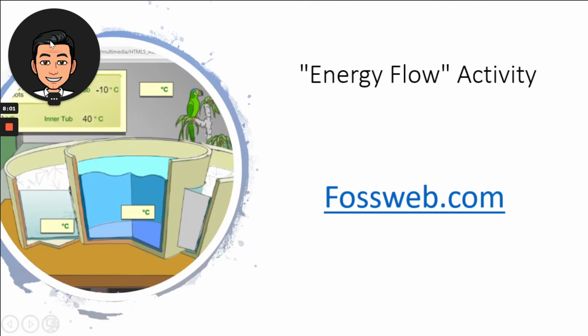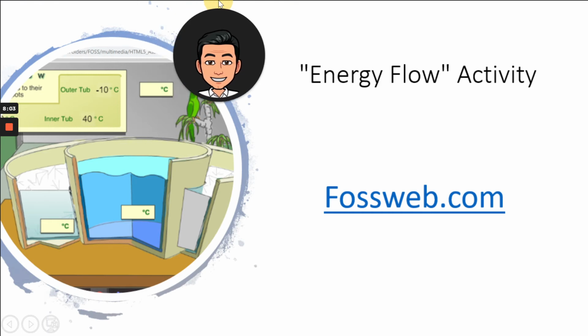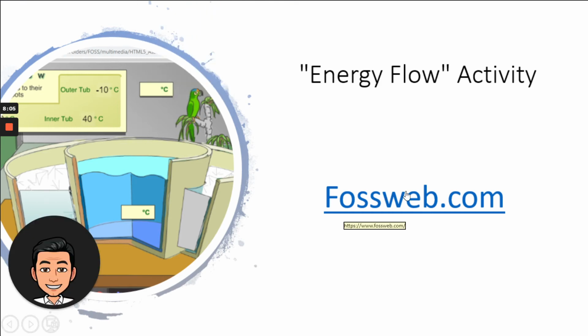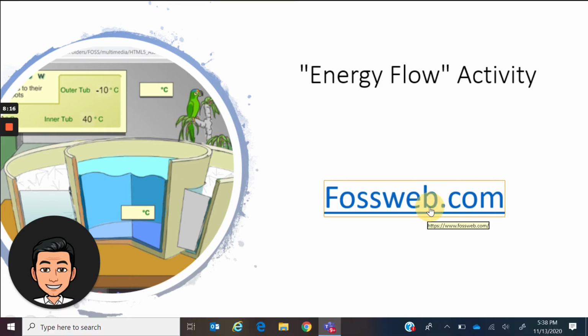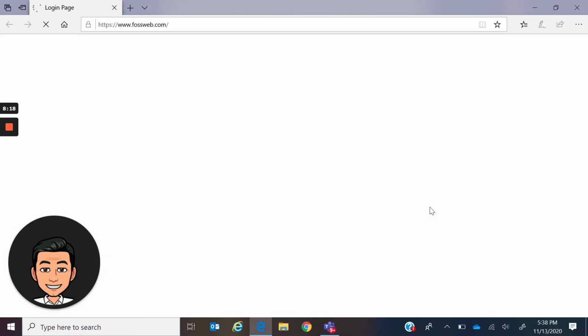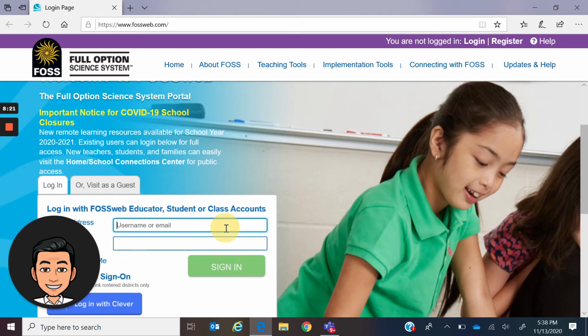Now, our next activity is also on FOSWEB, and we're going to go through it together, but I do challenge you to work on this by yourself and make sure you understand which way energy flows. So when we log into FOSWEB, we of course want to use our student ID numbers at student.tusd.net, and your password is your 8-digit birth date.